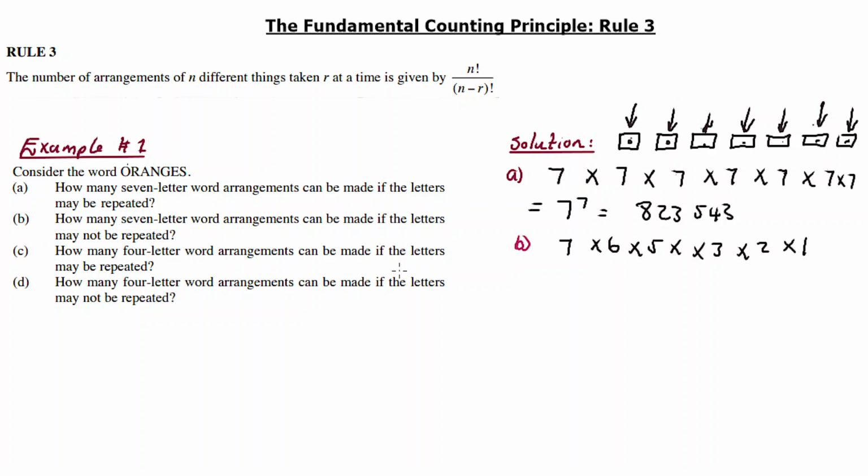If they are not repeated, this is how you deal with it. So it will be 7 factorial. This is a representation of 7 factorial. If I take this out and then write a product of 5.